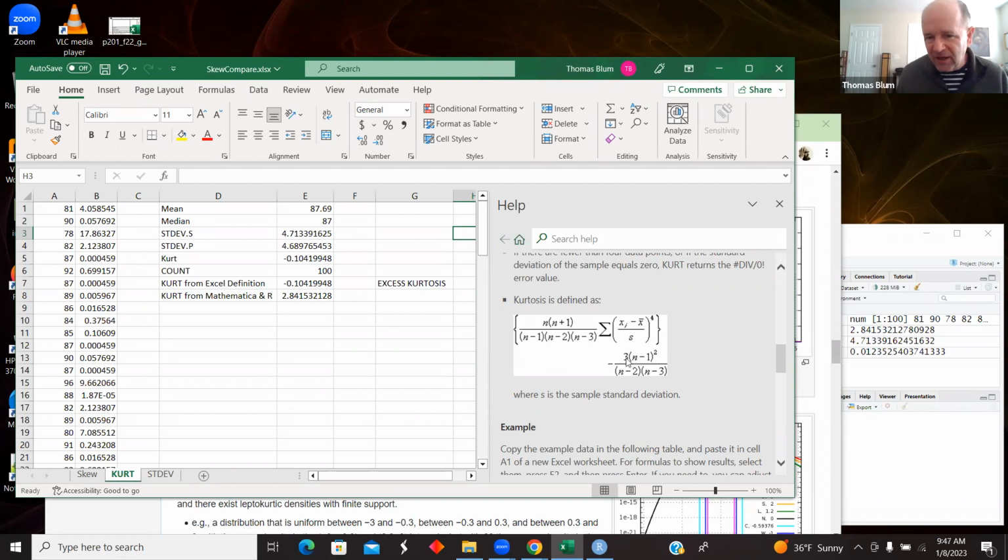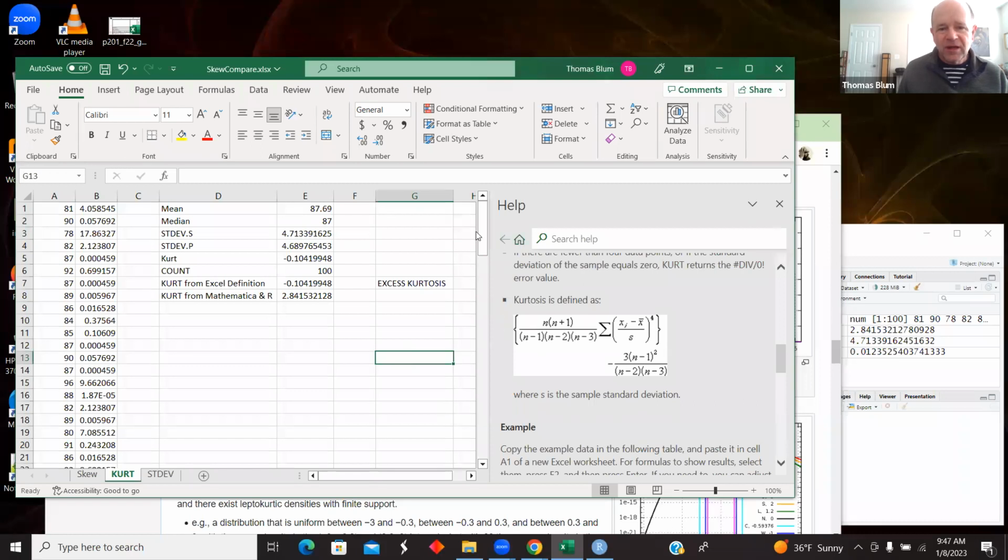And so we see that here, that again, for large n, if this is n squared in the numerator and n squared in the denominator, we're subtracting 3. So that is subtracting off the kurtosis of a normal distribution, making this an excess kurtosis definition.